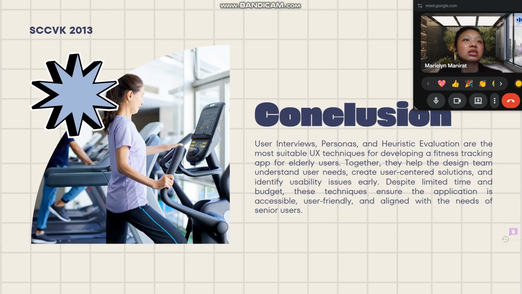So these techniques are safer and better ensure that the application is accessible, user-friendly, and aligned with the needs of these elderly or senior users. So this is the conclusion and the whole presentation of my case study for this assessment 2, and that is all from me. Thank you.